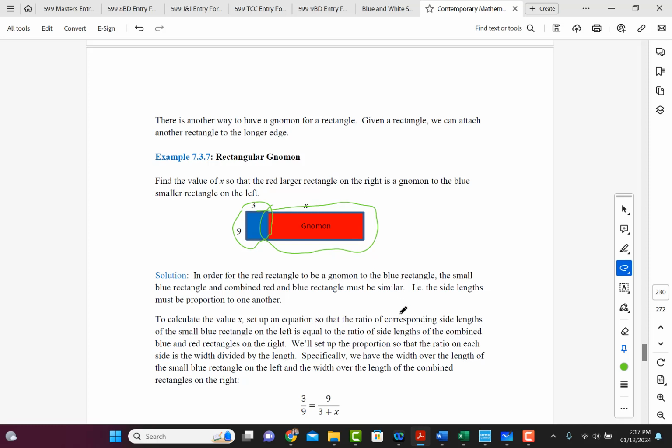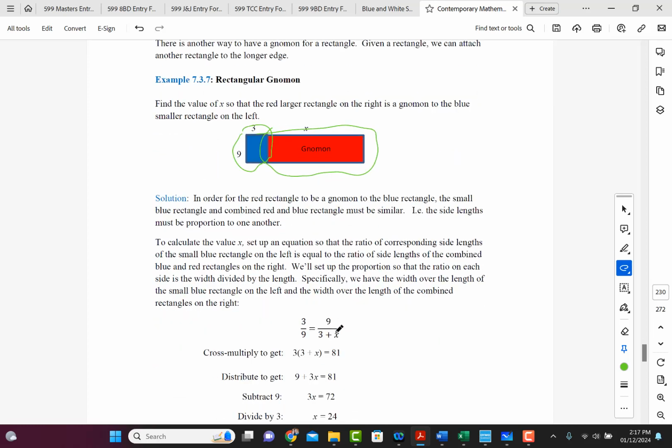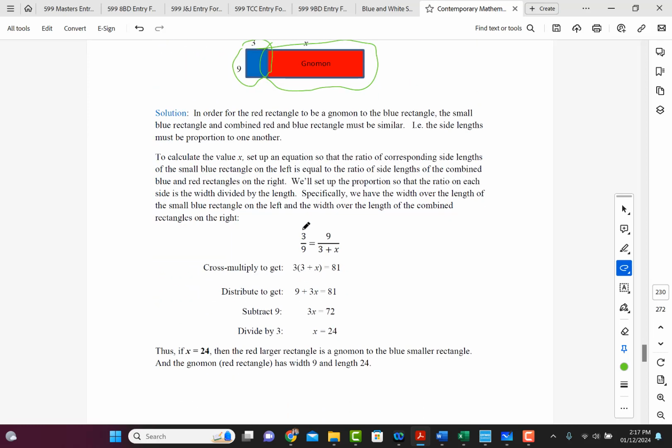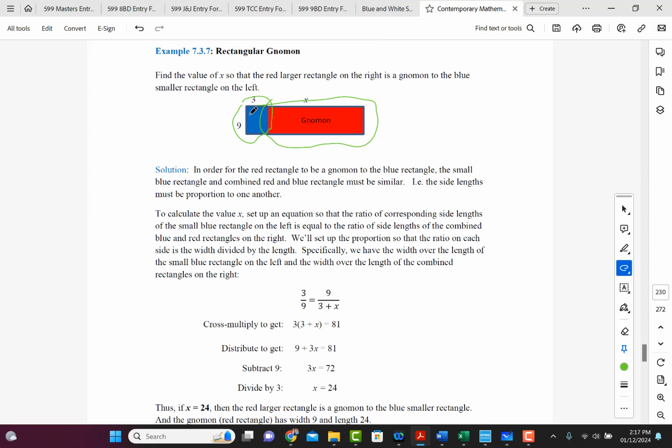Or the reciprocal. So we're going to set that up. In order for this to be a nomen, let's show that, one, it is a rectangle. We can see that. It gives us a larger rectangle. But let's see if the sides are proportional. So what they did was set up the proportion 3 over 9 is equal to 3 plus x over 9.